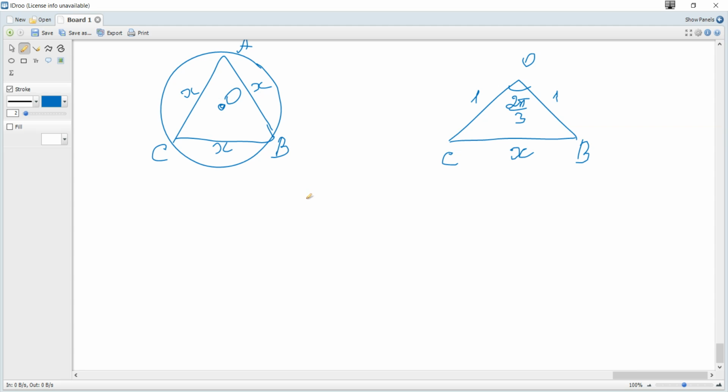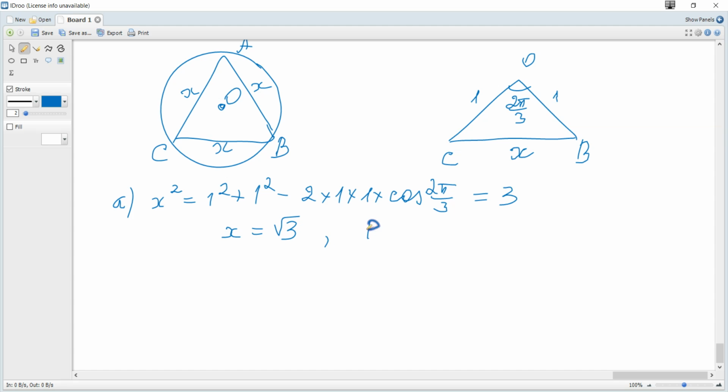The formula is given in the data booklet, and it says that x squared is 1 squared plus 1 squared minus 2 multiplied by 1 and by cosine of 2 pi over 3. Cosine of 2 pi over 3 is -1/2, so it becomes 1 plus 1 plus 1, so it's 3. So x is root 3 and the required perimeter becomes 3x, which is 3 root 3 as required.